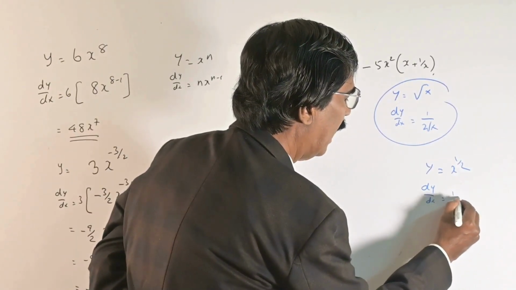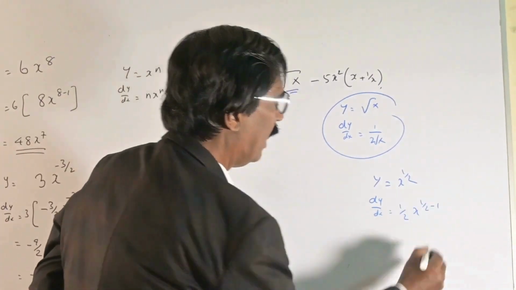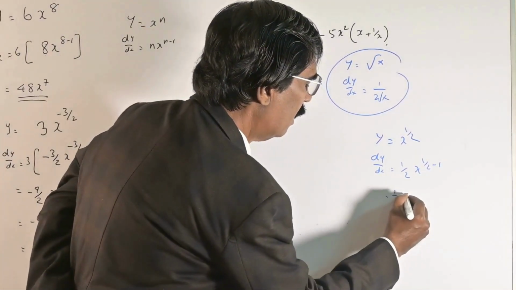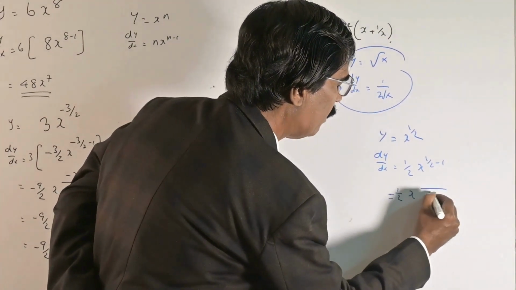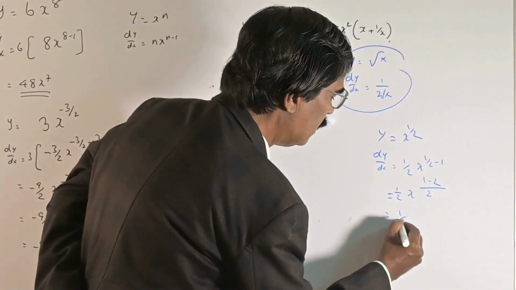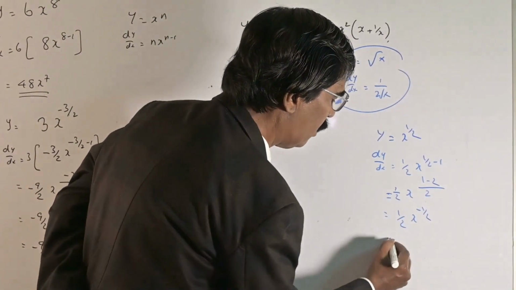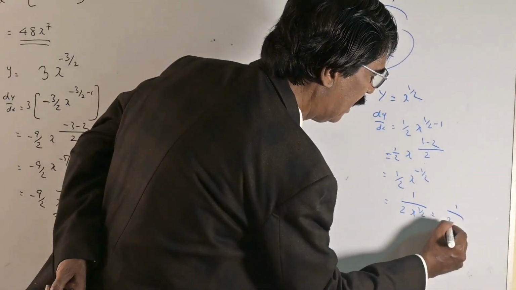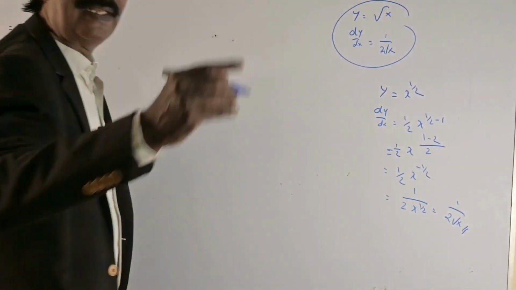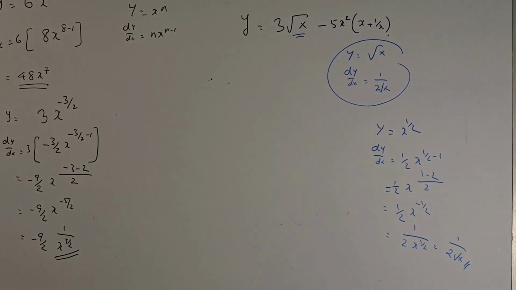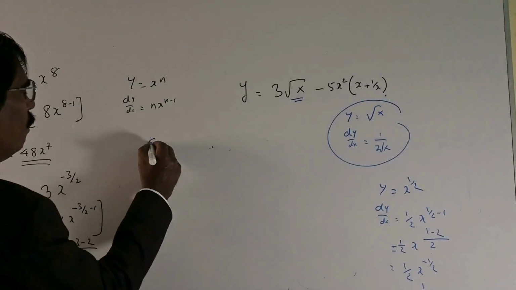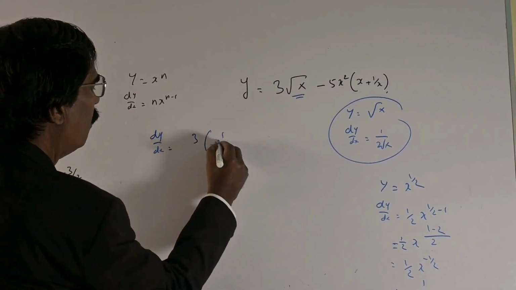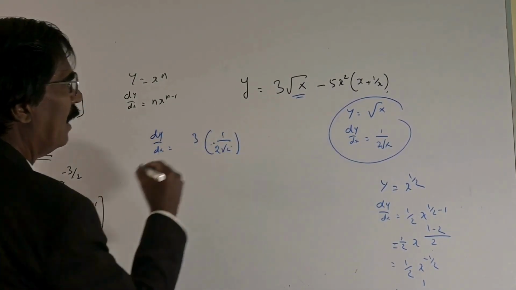Then dy by dx is n into x power n minus 1, right? Now look, 1 by 2, x to the power of LCM 2, 1 minus 2, so 1 by 2 x to the power of minus 1 by 2. See, 1 by 2 x to the power of plus 1 by 2 is nothing but 1 by 2 root x. Now you can see the list of the formulae. For root x I have given 1 by 2 root x. Look now, dy by dx, this is 3 into 1 by 2 root x, right?